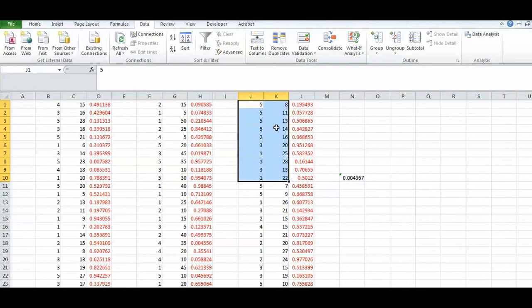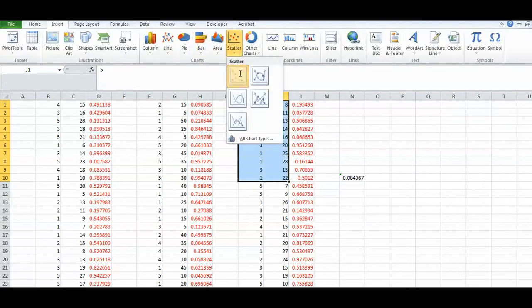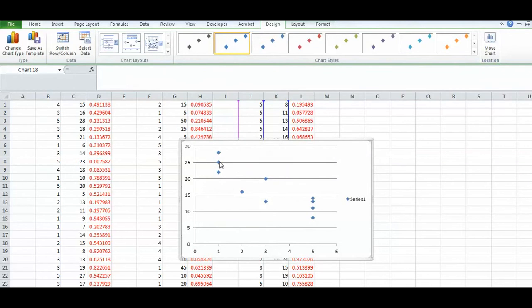Remember that this population of 50 people is a population that has the negative correlation. So the sample does look like it has a negative correlation.